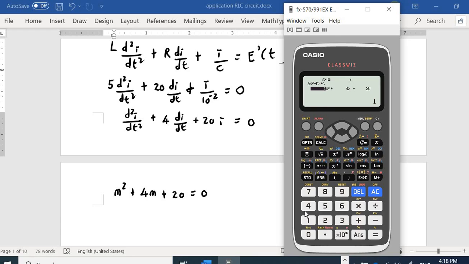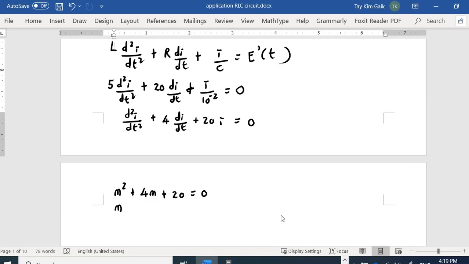Choose polynomial, key in the coefficients for your quadratic equation: 1, 4, 20. So the roots are negative 2 plus 4i, negative 2 minus 4i.